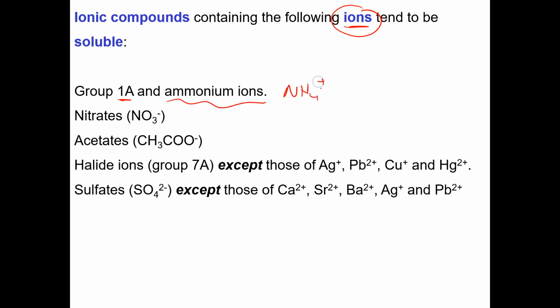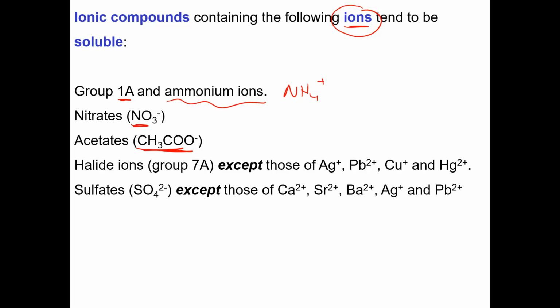If your compound contains those, it is always soluble with no exceptions. If your ionic compound contains the nitrate anion, it is always soluble without exceptions. If your ionic compound contains the acetate anion, it is always soluble without exception.